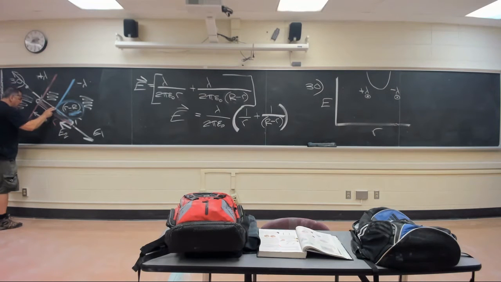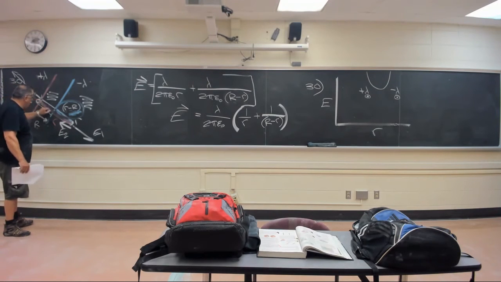With this guy, you got an E field going in that way. Well, going in that way is the same as going out that way. Going out that way and going in toward the same way, you're adding them. They become more and more. As you get closer to here, it starts getting huge. As you get closer to here, it starts getting huge.